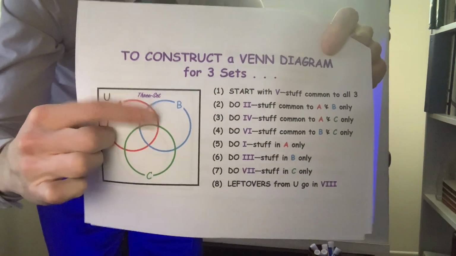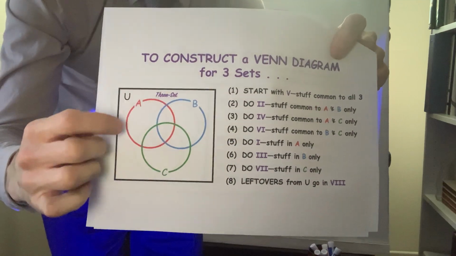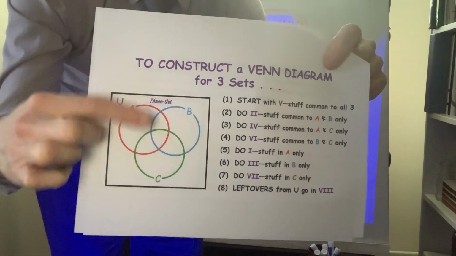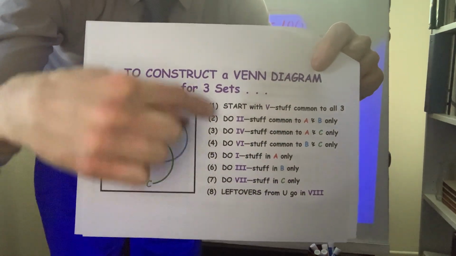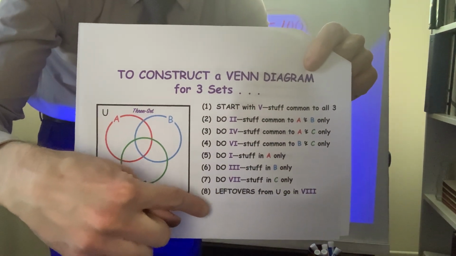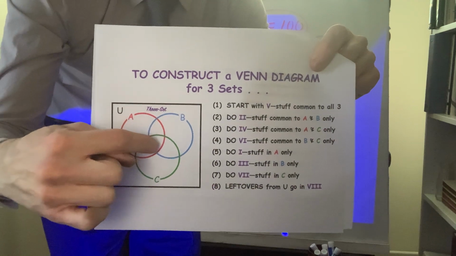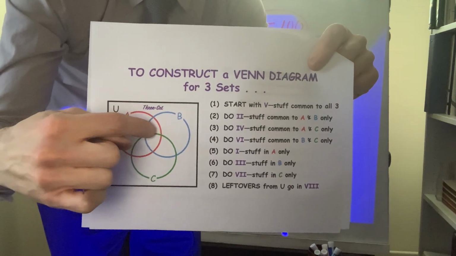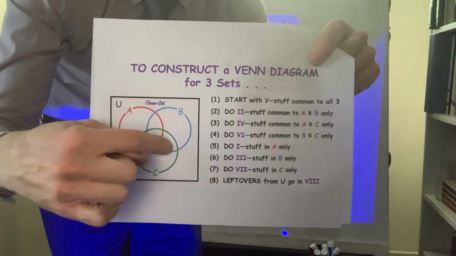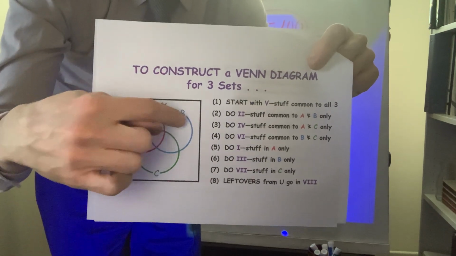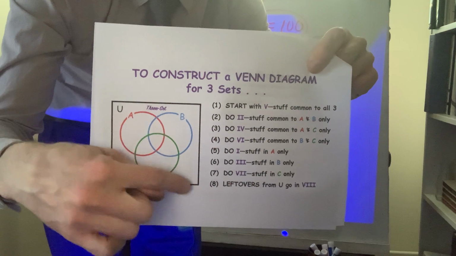Maybe this is why I included it a second time. Maybe have this sheet on hand for a couple of reasons. Number one, it's a blank table, so you don't have to draw it. And definitely do things in this order. You're going to work with the very center, then 2, then 4, then 6, and then 1, then 3, then 7, and then 8.